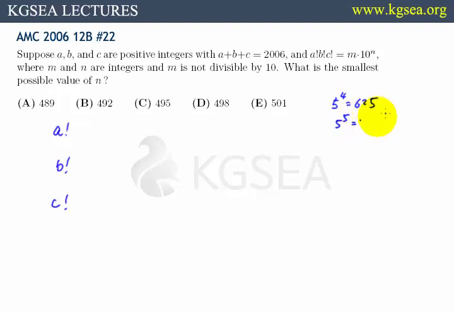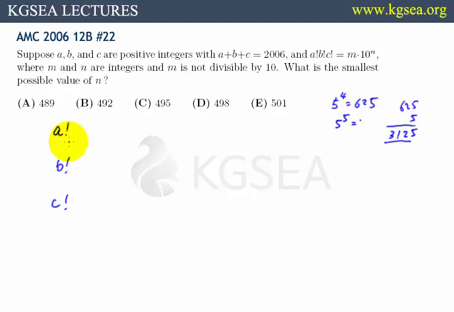That's just what I wanted to see. 625 times 5 is 3,125. So this exceeds 2006, so we don't need the 5th power. We just need to have up to the 4th power.